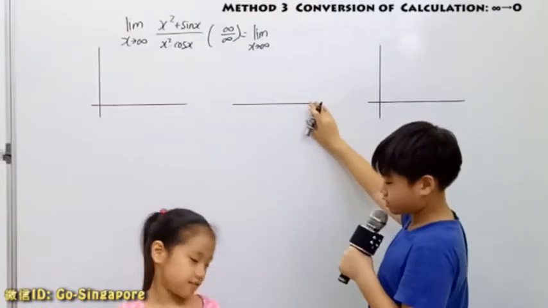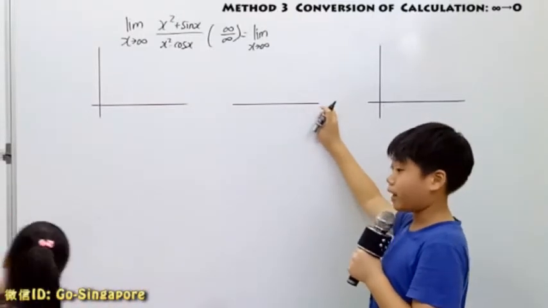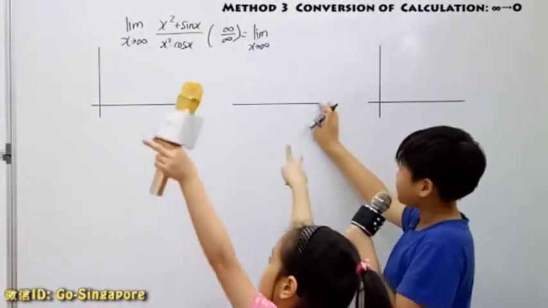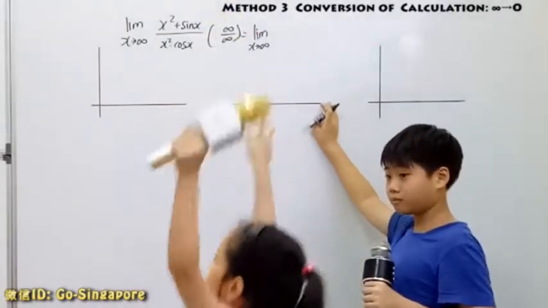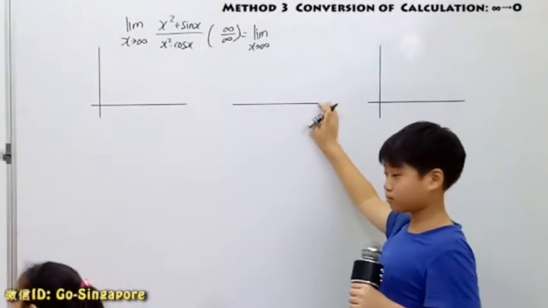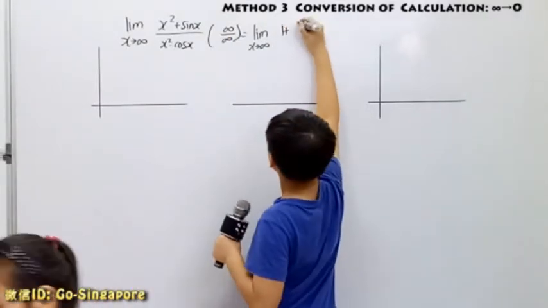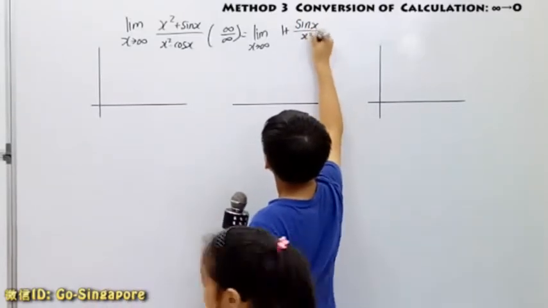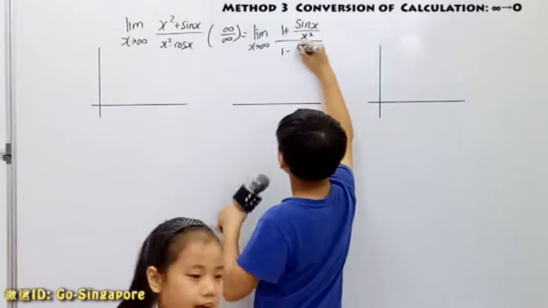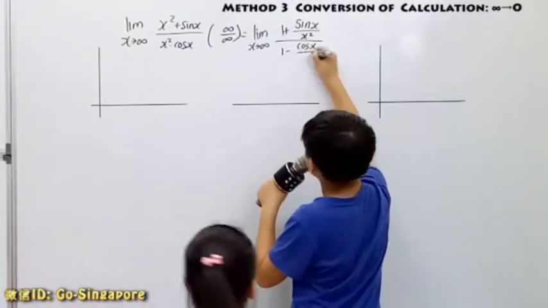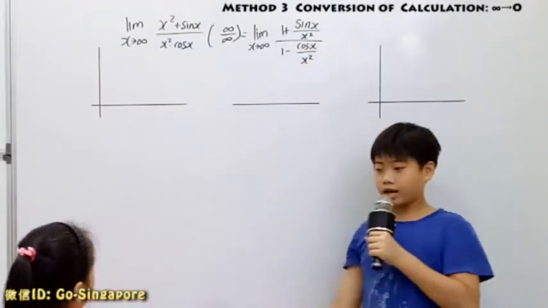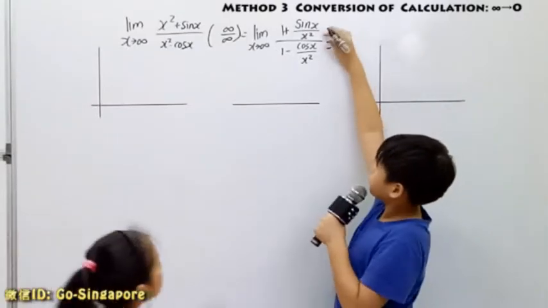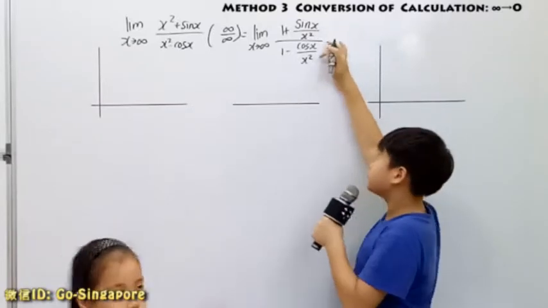The x squared is our largest power, so we divide the numerator and denominator by x squared. So it will be like this. Next, you just substitute.